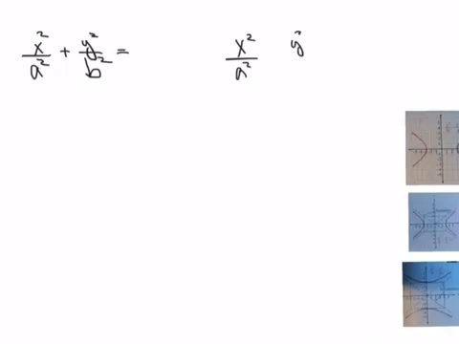Now notice everything is the exact same except that, for a hyperbola we have a negative. For an ellipse we have a positive. That's the only difference there. Alright, so as far as the equation is concerned, but as far as actually drawing the hyperbola, it takes a little more effort.